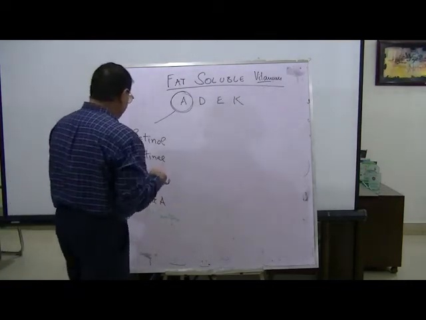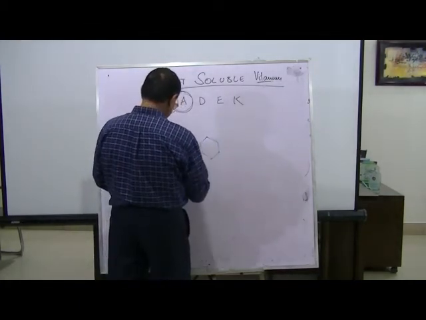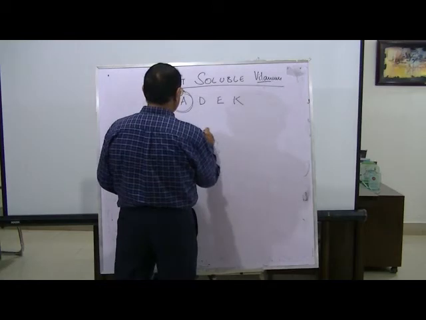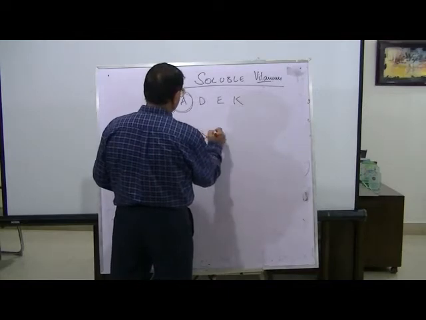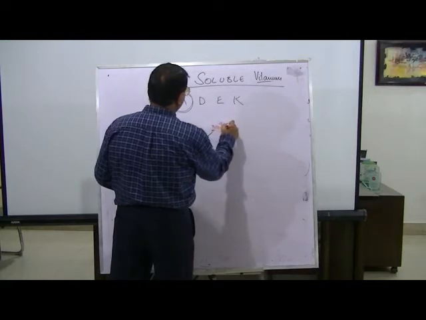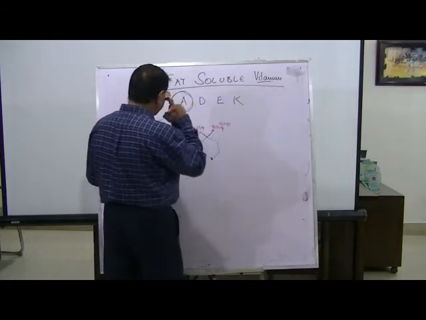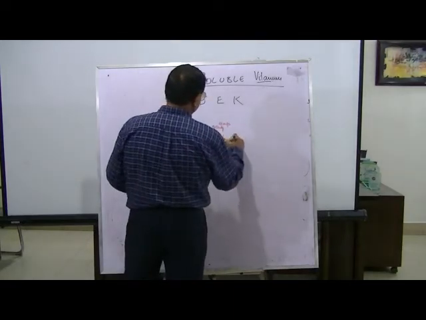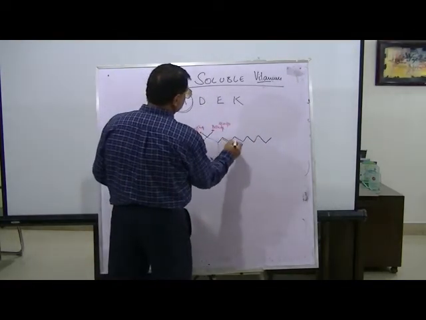So talking about vitamin A, this is the structure of vitamin A. These are the methyl groups, CH3. Then you've got a chain. This chain has got double bonds.